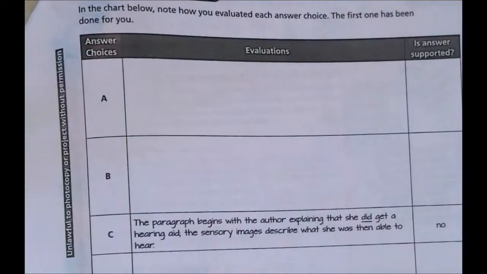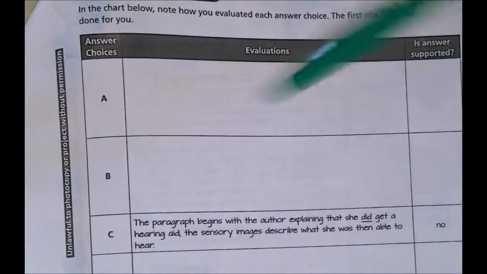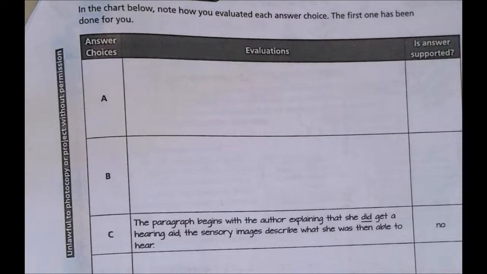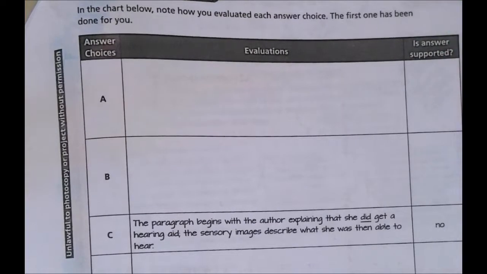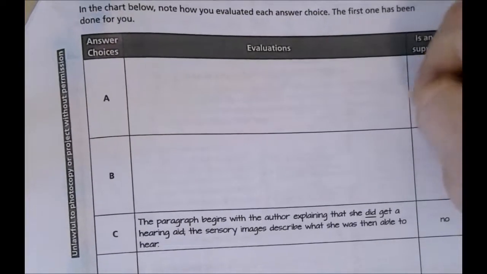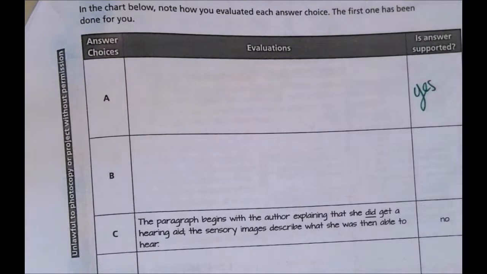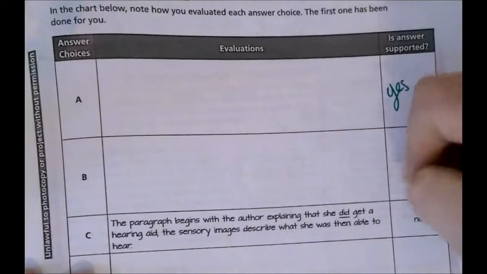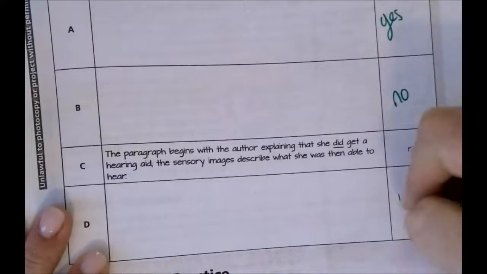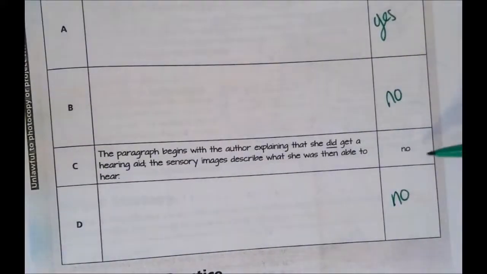And on your own, I'm going to have you fill out this evaluation. So we just went through it together, but then I want you to tell me, is A the answer? We said that it is supported, and then we said that B is not supported and D is not supported, and they already filled in C for us.